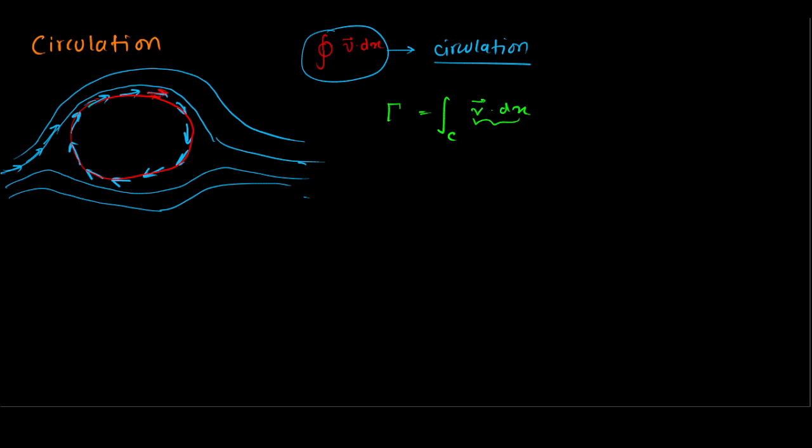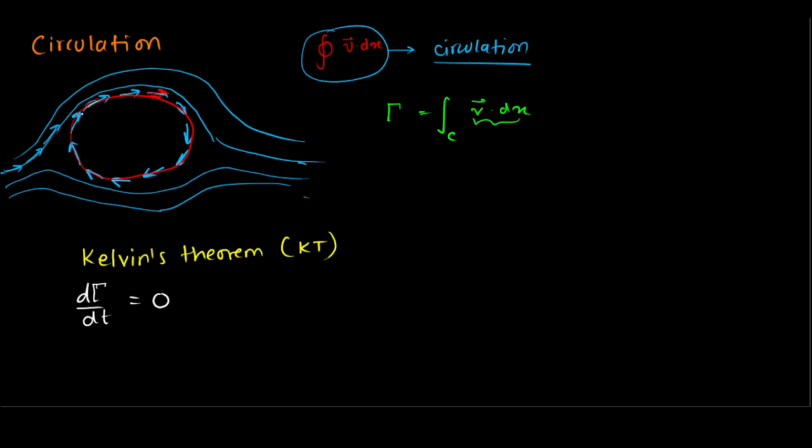From this circulation we have a very important theorem in fluid dynamics known as Kelvin's theorem, and I'm going to write that as KT. Don't confuse this with the kinematic transfer theorem, because that was KTT. This is Kelvin's theorem, KT. What Kelvin's theorem says is that the change in circulation with time is equal to 0 following any material contour.